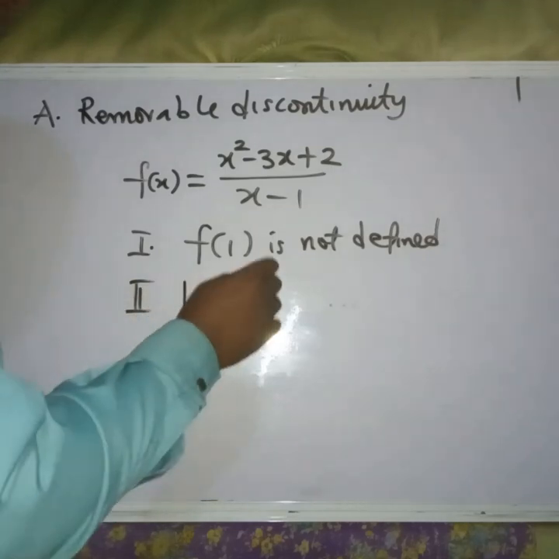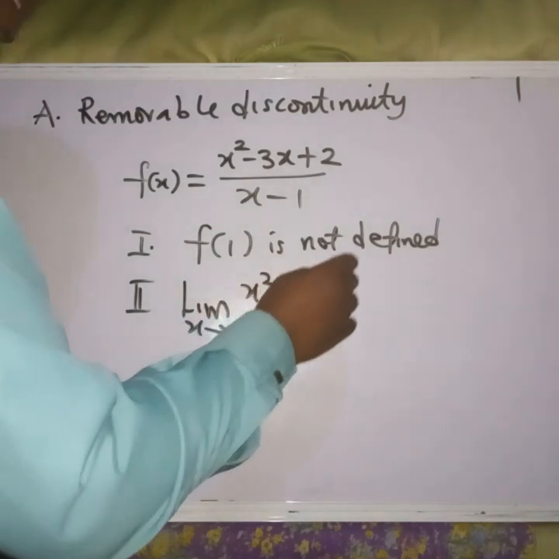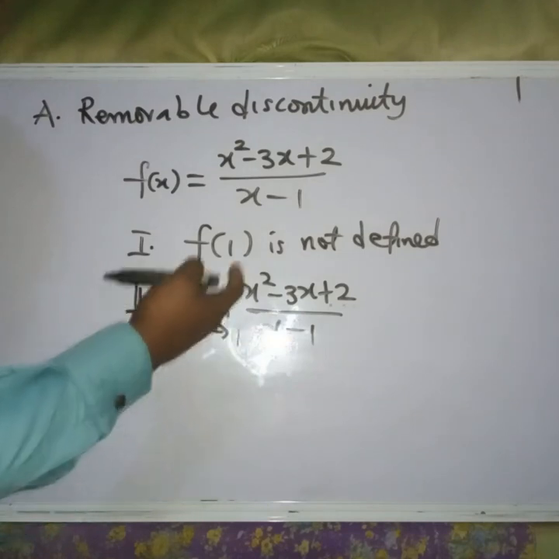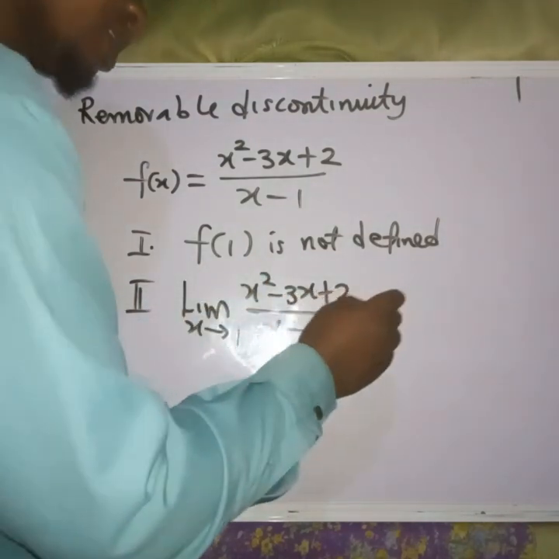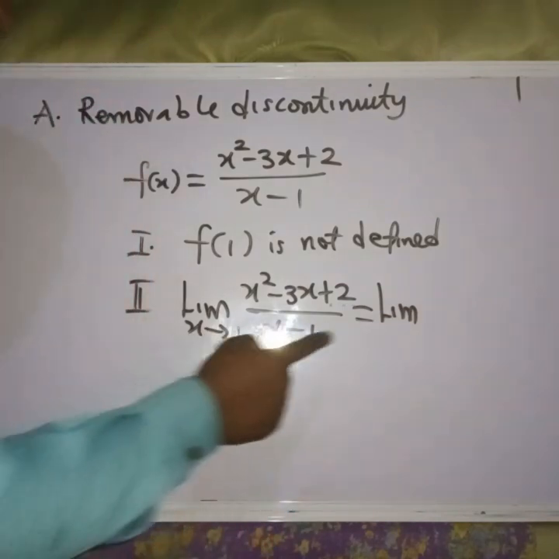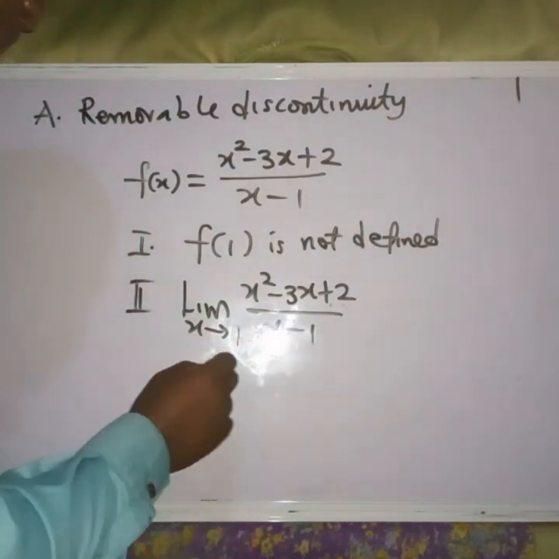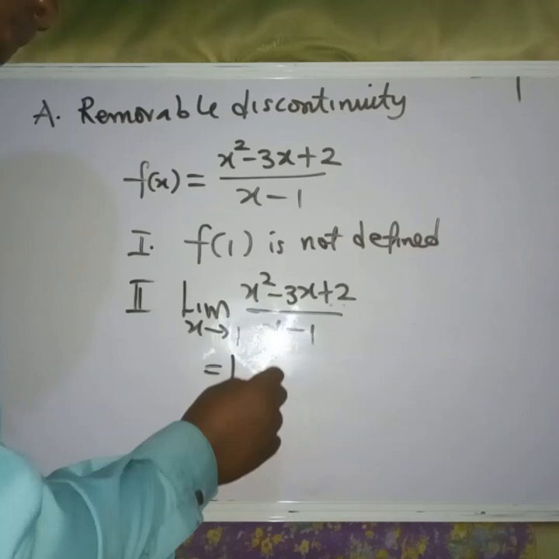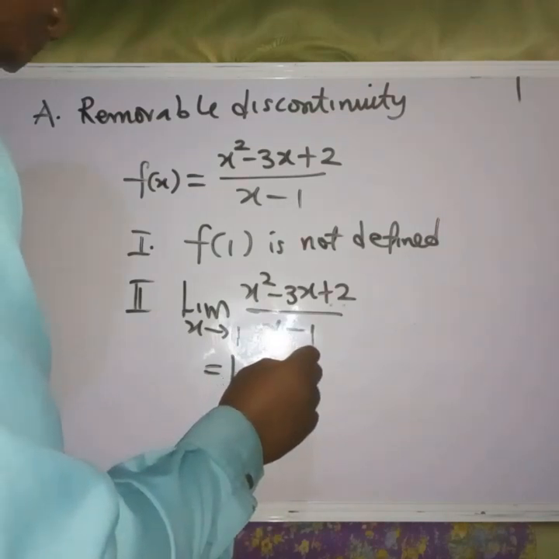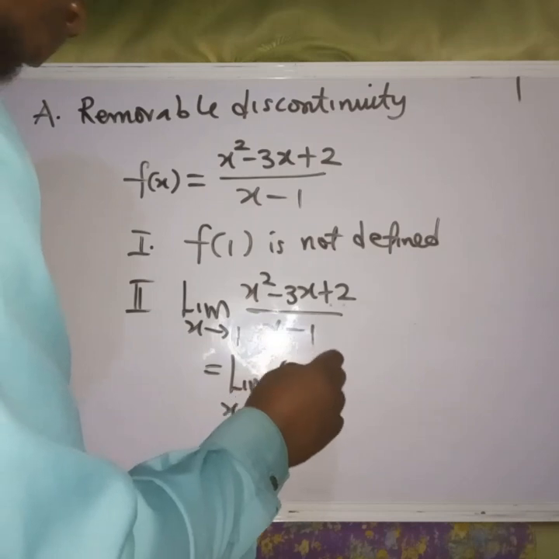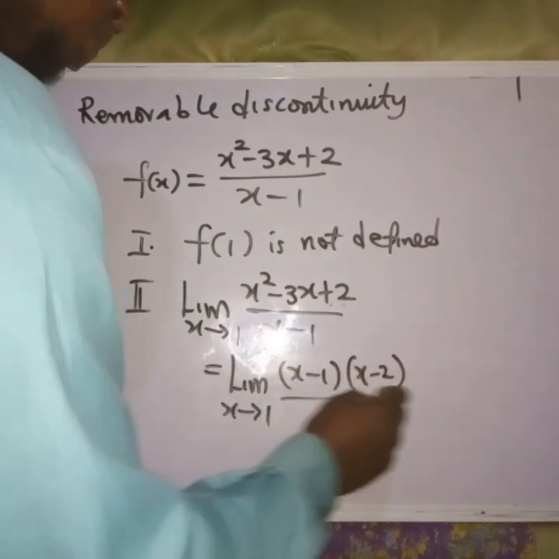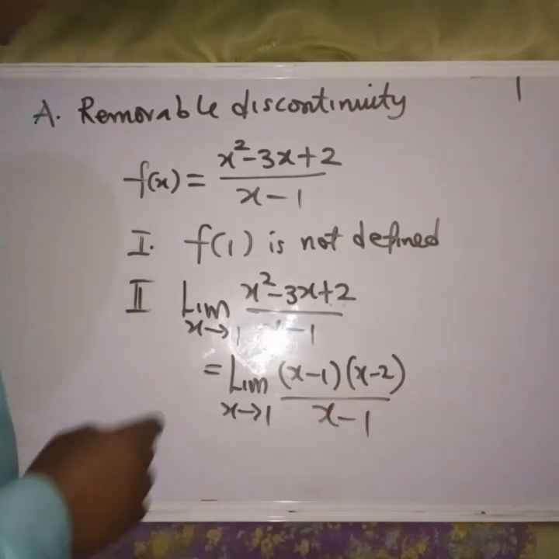when x tends to 1, we see that after rectification the limit exists, because it will be given as the limit when x tends to 1 of x minus 1, x minus 2 divided by x minus 1.